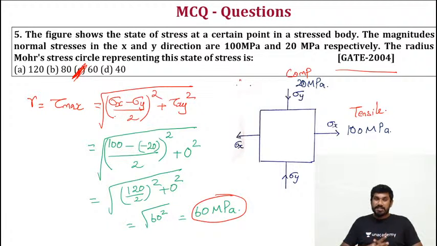And it is a most interesting and useful topic. Why I'm saying it is so important: if you take the last 20 years of question papers, combining GATE and ESE, we have a total of 21 questions from the Mohr circle. So that much important is the Mohr circle topic, right?